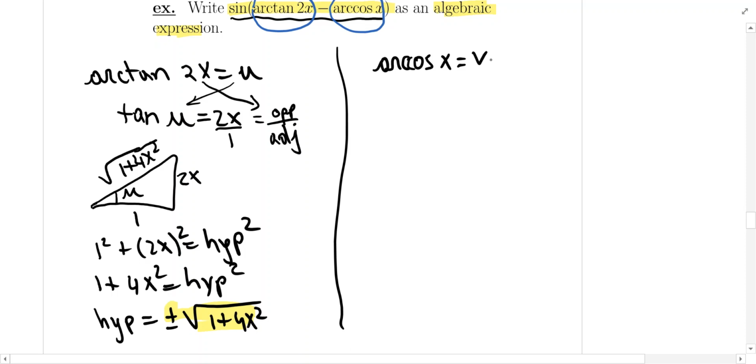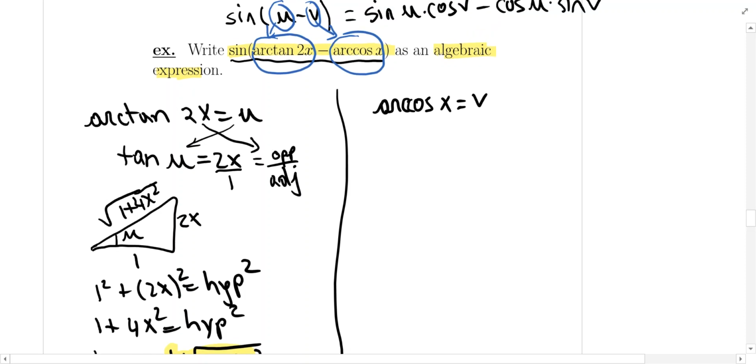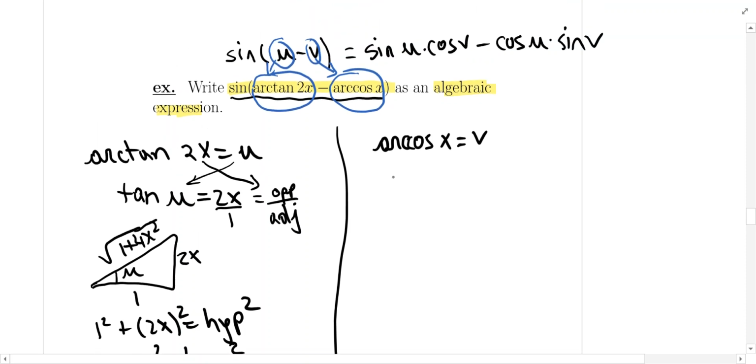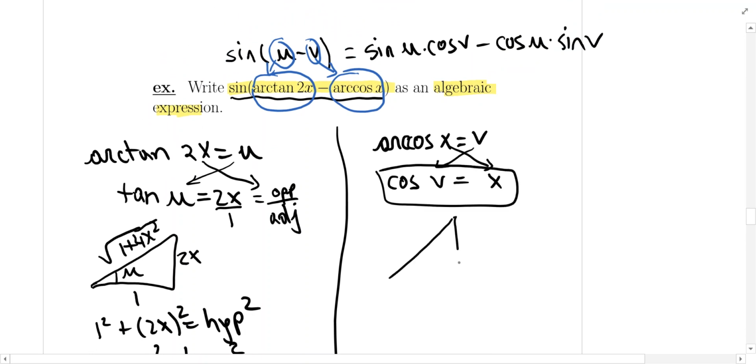Now let's see what this portion is giving us. Since arc cosine of x equals v, its inverse, cosine of v, must be equal to x. Okay, so then let's draw the v angle. So if v is in here, cosine is what? Cosine is adjacent over hypotenuse. So I can write x as x over 1.